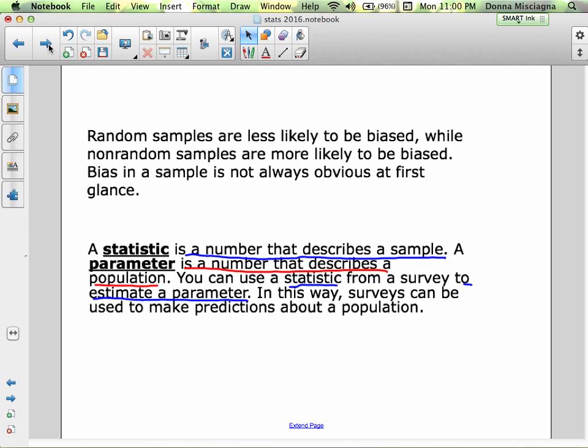Statistic is also listed in your notes, and I want you to write in the definition, a number that describes a sample. So when you're doing statistics, you're calculating numbers that describe your sample. And you can use a statistic from a survey to estimate a parameter. So next to statistic, also add in, use it to estimate a parameter. Write in the underlined parts in the correct location: the blue next to statistic and the red next to parameter.